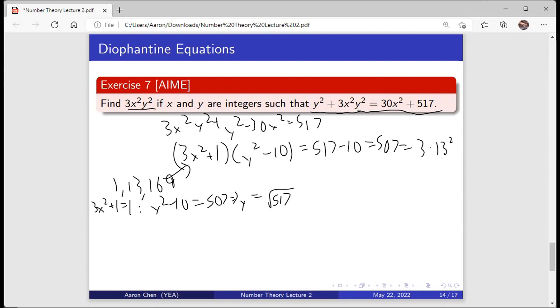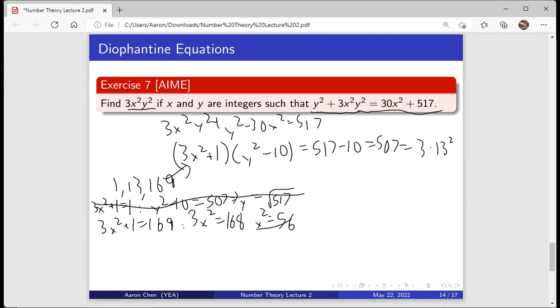And that's not a square, so this doesn't work. The next case is if 3x squared plus 1 equals 169, and then that would get 3x squared equals 168, and this just turned into x squared is equal to 56. And that's not a square, so this doesn't work at all.